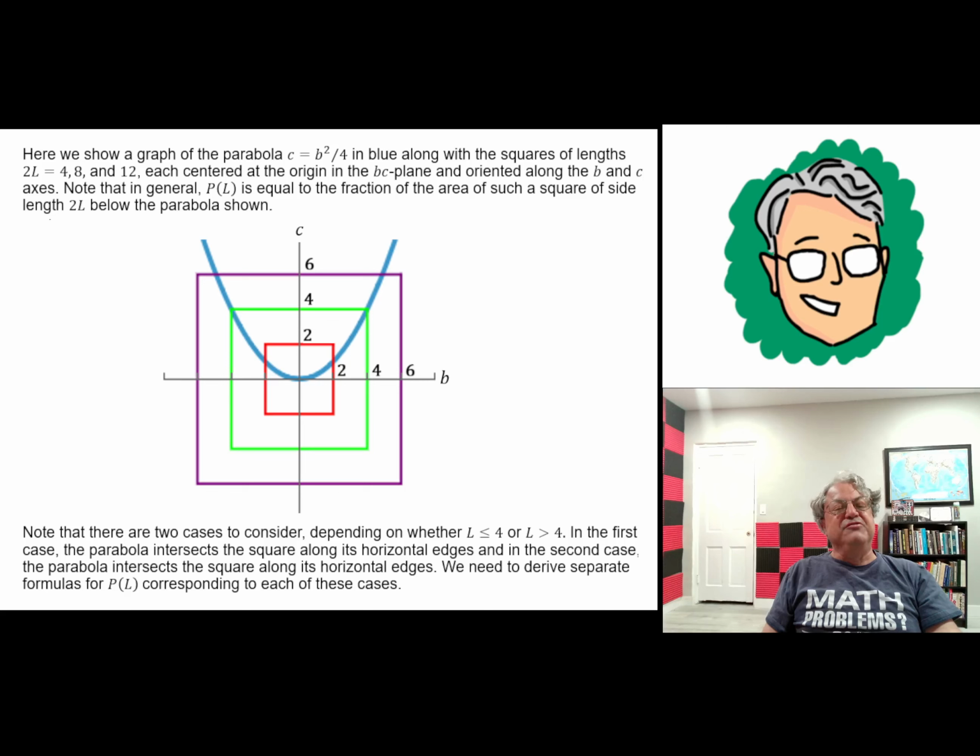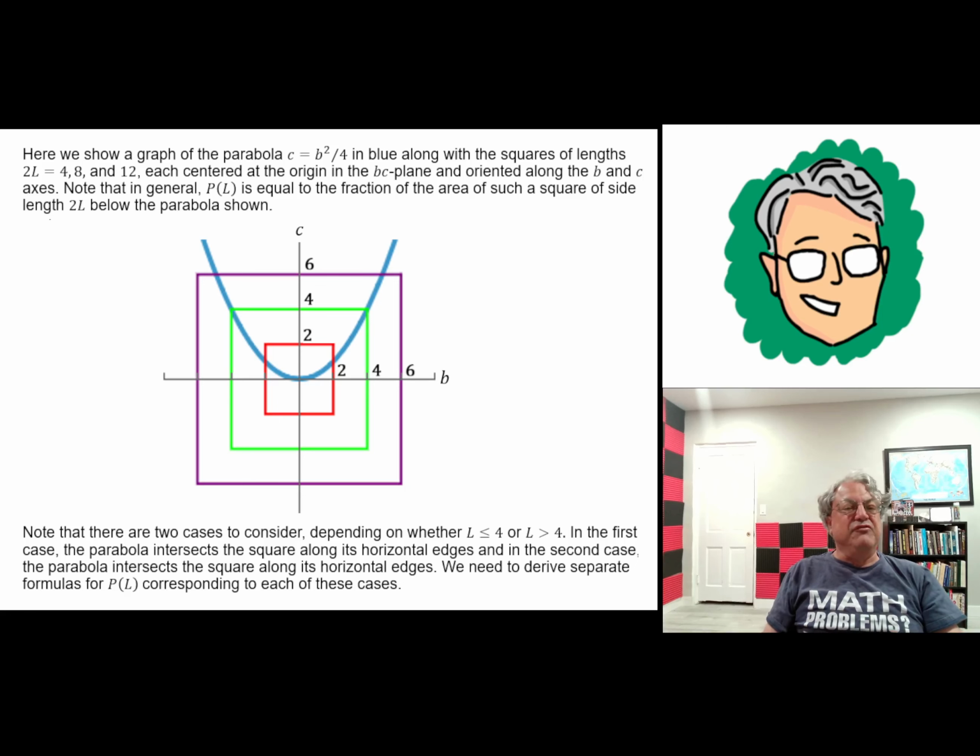I think you can see if you look at the rectangle on the right, the value of x where the parabola meets the upper edge of the square is equal to 2 times the square root of L. If you do the math, you'll see that's true. And so the values of x along this right rectangle are going to go from 2 times the square root of L to L.